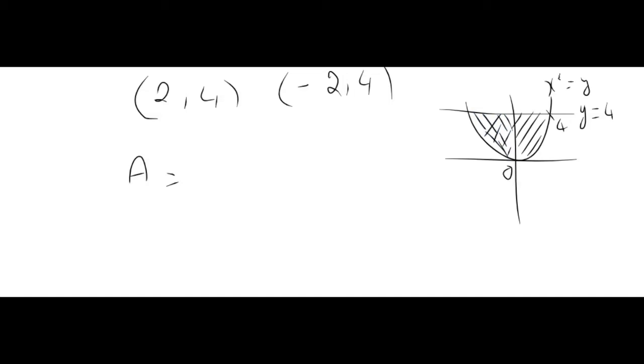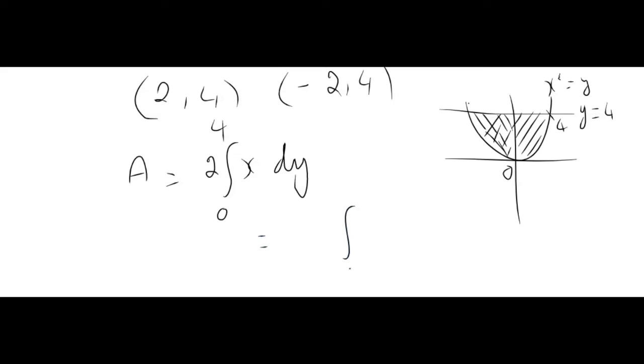We need not bother to find out both, because we are going to take only the y coordinates. We can take it as 0 to 4 two times, because it is symmetrical about the y-axis. We can take it as 2 times integration of 0 to 4 x dy, but x is nothing but root of y, is it not?